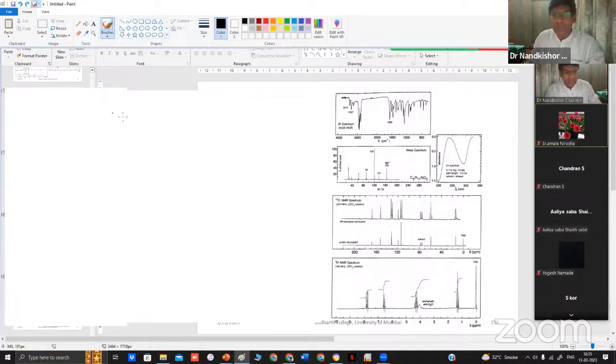Now look at here, the spectrum 9, C9. This one I will just write here: C9H11NO2. Now, if you want to calculate the degree of unsaturation, as I told you, add 1 unit to the carbon, that is C10, minus half of the hydrogen. If nitrogen is present, you have to take minus 1 from the hydrogen number.